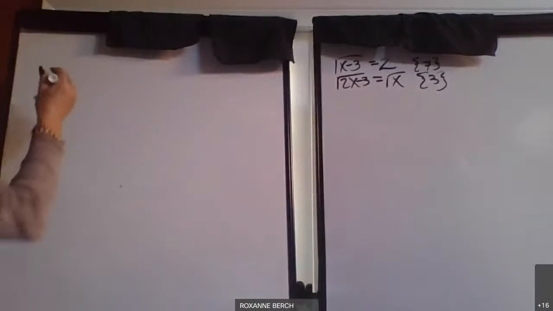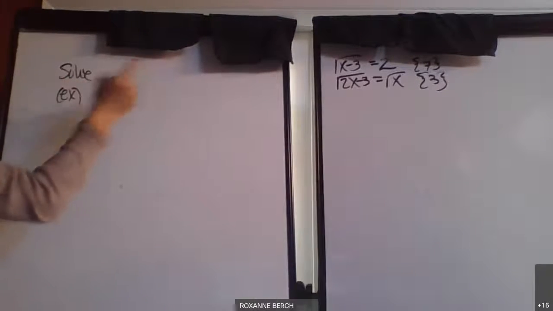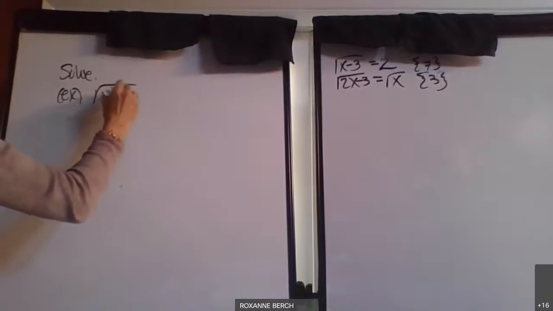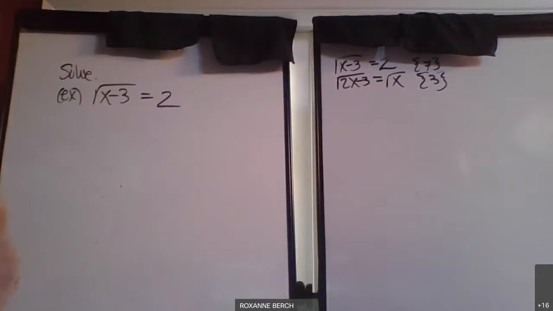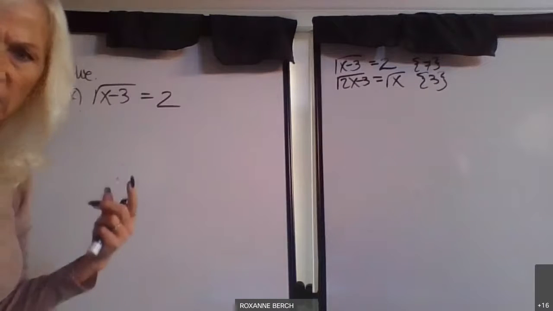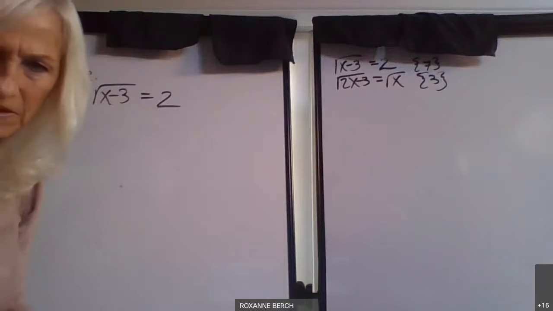So you're going to solve algebraically now. And we're going to take square root of x minus 3 and set it equal to 2. Okay, what you want to do is isolate the square root. It is isolated, right? And this is a radical equation because of the variable, not because there's a radical.